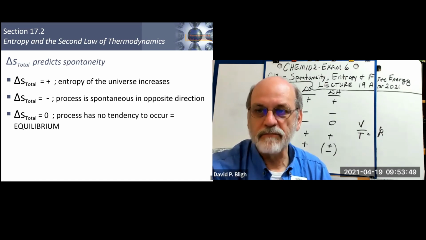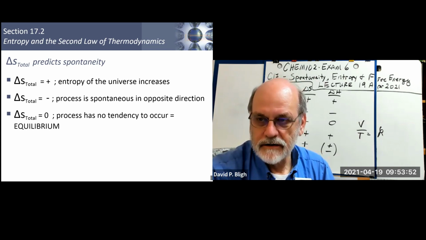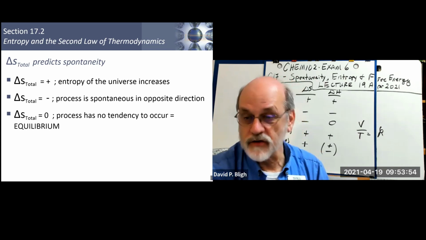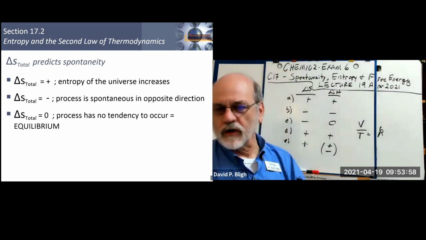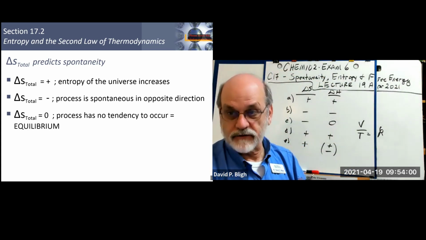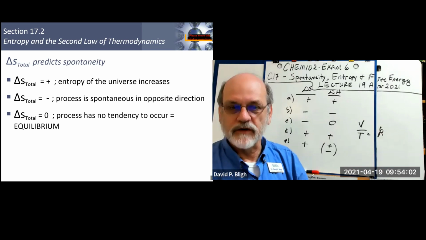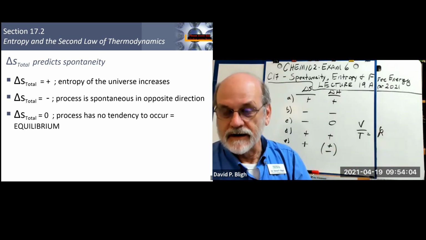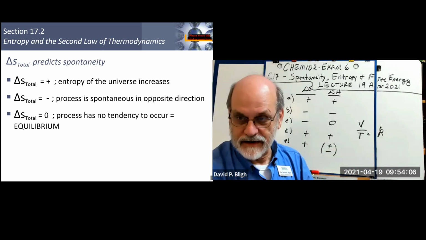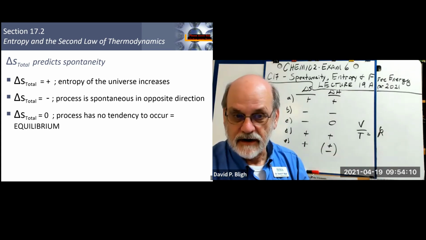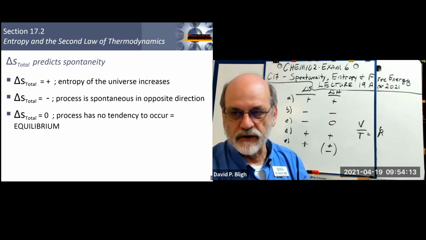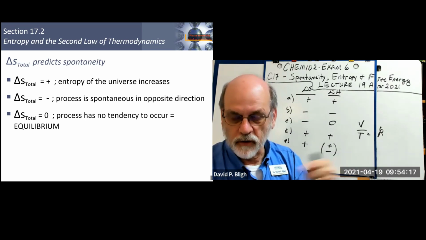There's no impulse now to move in either direction. So in our equilibrium equation, where we have defined our K value and we've done our calculation, if you have equilibrium concentrations of products and reactants, then there's no impulse to move one way or the other.